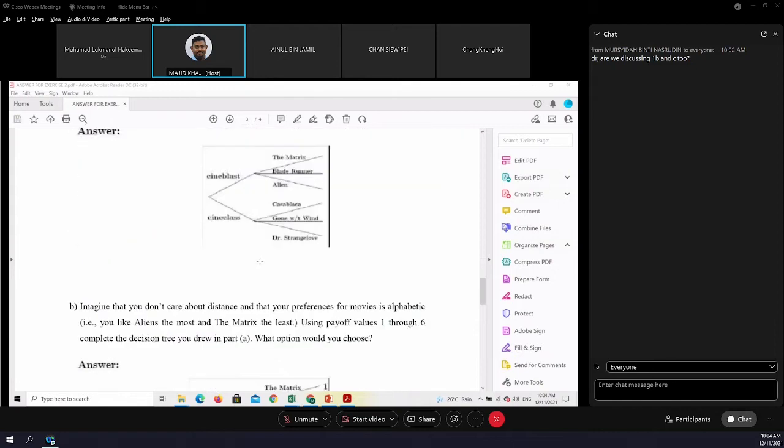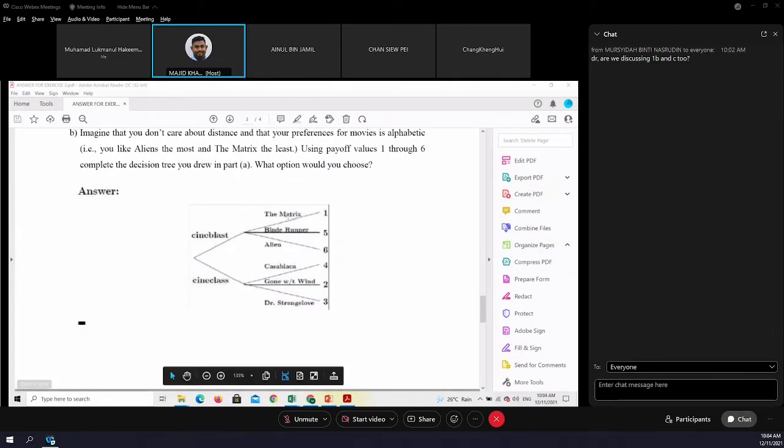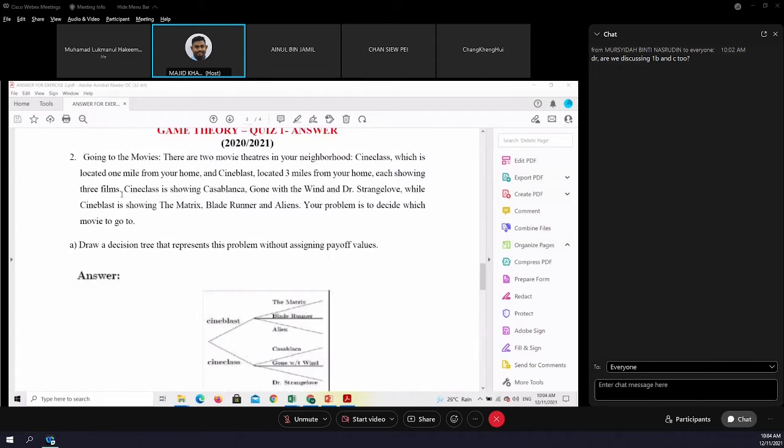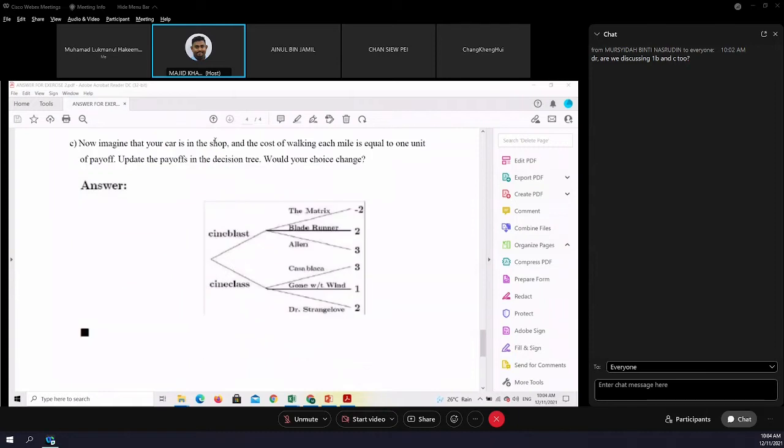So if your preference, for example, is the Matrix, let's say for this question the Matrix is one. The Matrix is one, because Sign Blast will take 3 miles from your house, correct or not? While Sign Class is only 1 mile. That's why, although your payoff is one, overall the payoff will now change because Sign Blast is located 3 miles from your home.